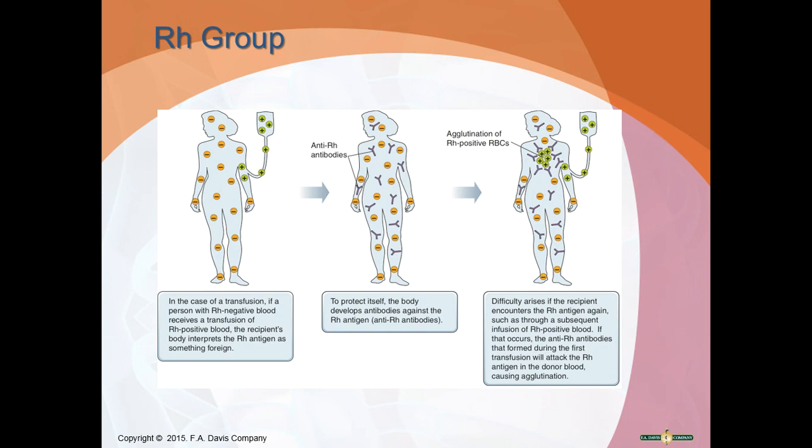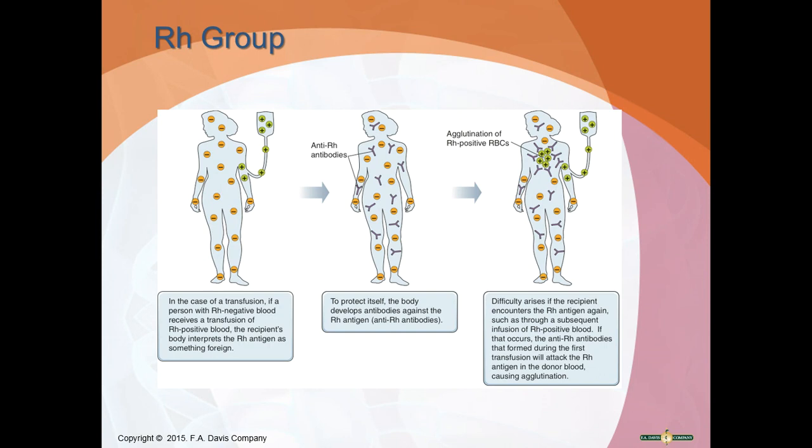If you had it, you were Rh positive, and if you didn't have it, you were Rh negative. So Rh positive blood contains the Rh antigen. Rh negative blood lacks the antigen. Blood does not normally contain anti-Rh antibodies, though, not like type A and type B.